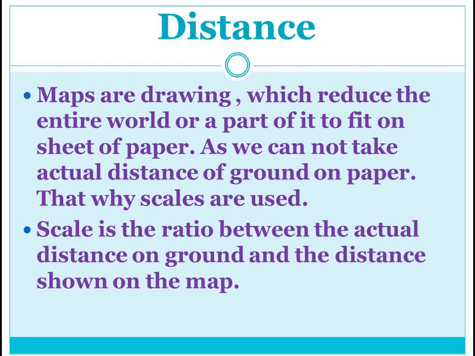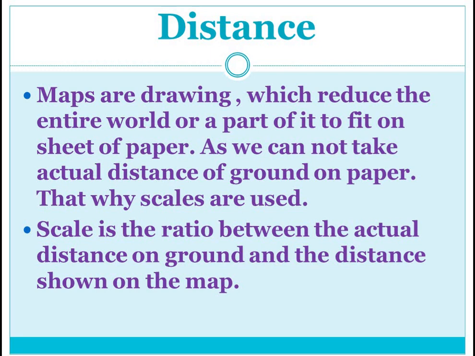So to reduce that entire world or any of its part to fit on a sheet of paper, we use scales. Scale is the ratio between the actual distance on the ground and the distance shown on the map or the paper.